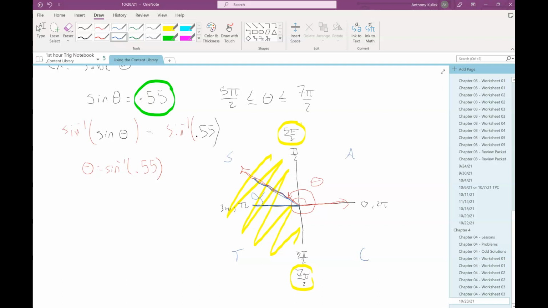Everybody's good so far? Okay. What I want to do now is I'm going to relate theta, alpha, and that value on the x-axis together. So how are theta, alpha, and 3 pi related in this drawing?